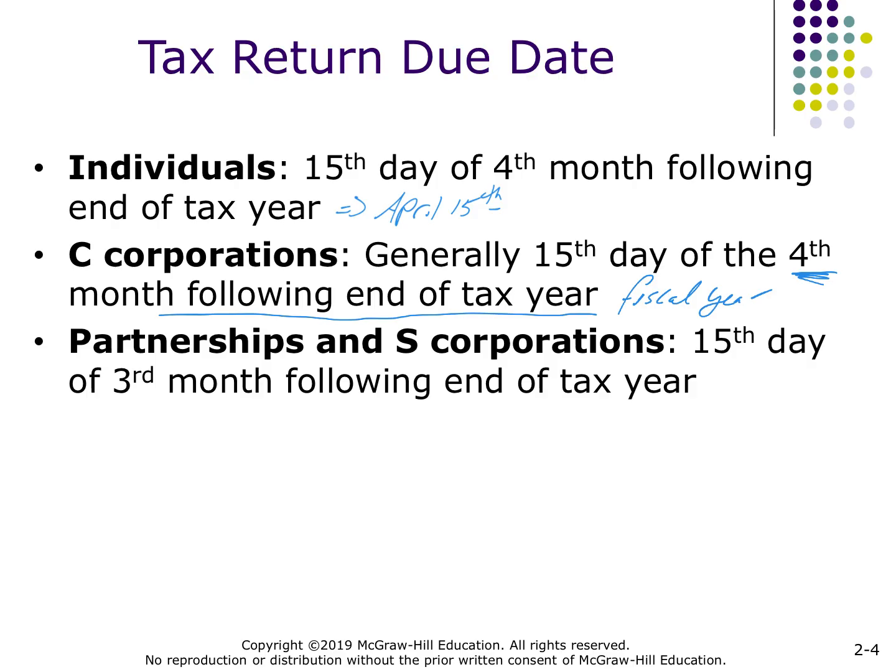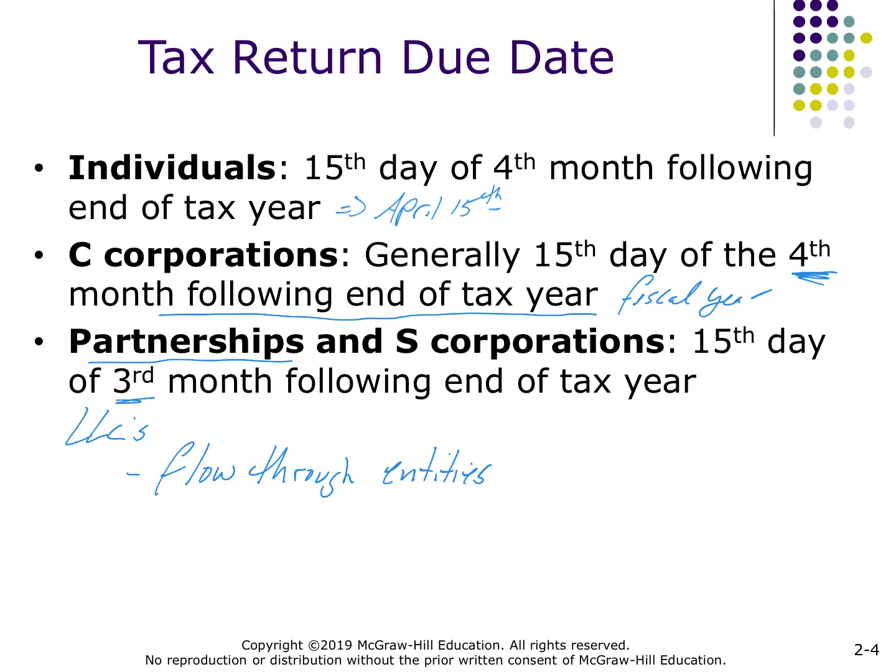And then partnerships and S corporations. All right, partnerships and S corporations, or we should say entities that are taxed like partnerships. Okay, so this includes LLCs, all right? Their returns are due the 15th day of the third month, all right? And so why is that? Well, these are called flow-through entities.